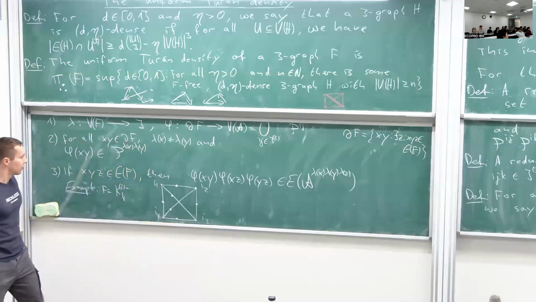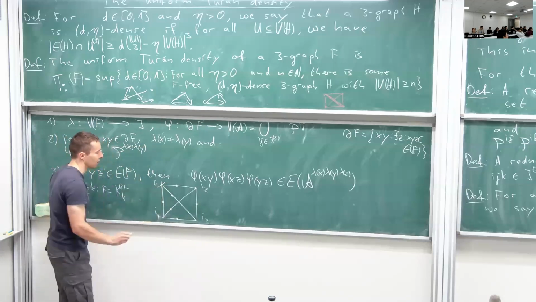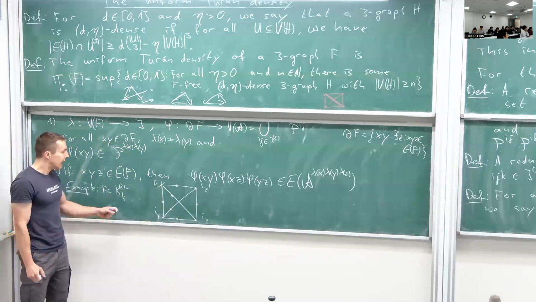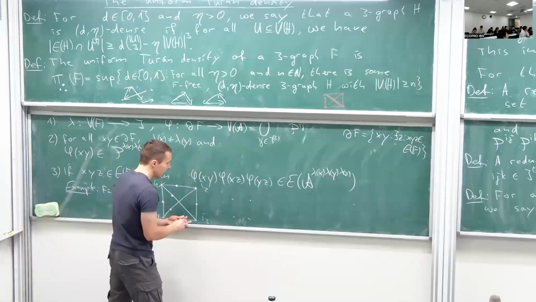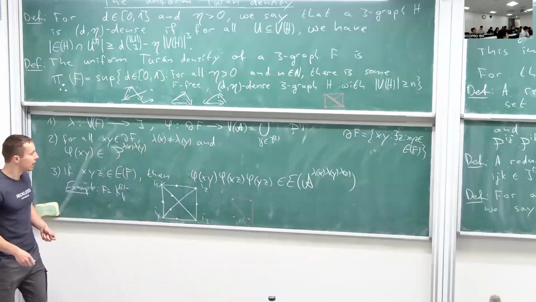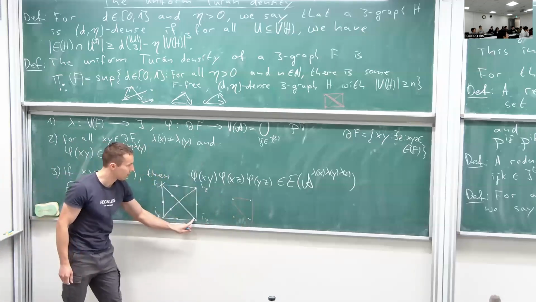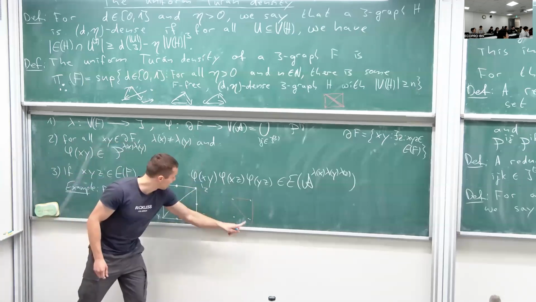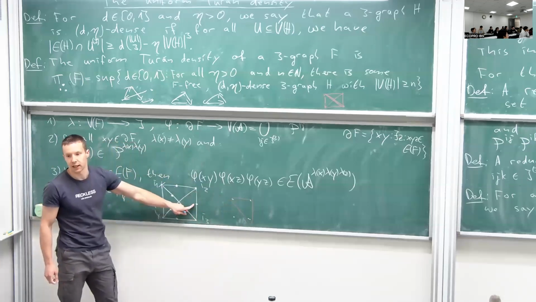Okay, and now let's say that the vertex that we mapped to here was the apex of the K4 minus. So now in our K4 minus, we had in particular this edge. So this vertex gets mapped to here, this vertex gets mapped to here, this one gets mapped to here. Then this pair got mapped to this vertex, this pair here got mapped to that vertex, and this pair here got mapped to that vertex.